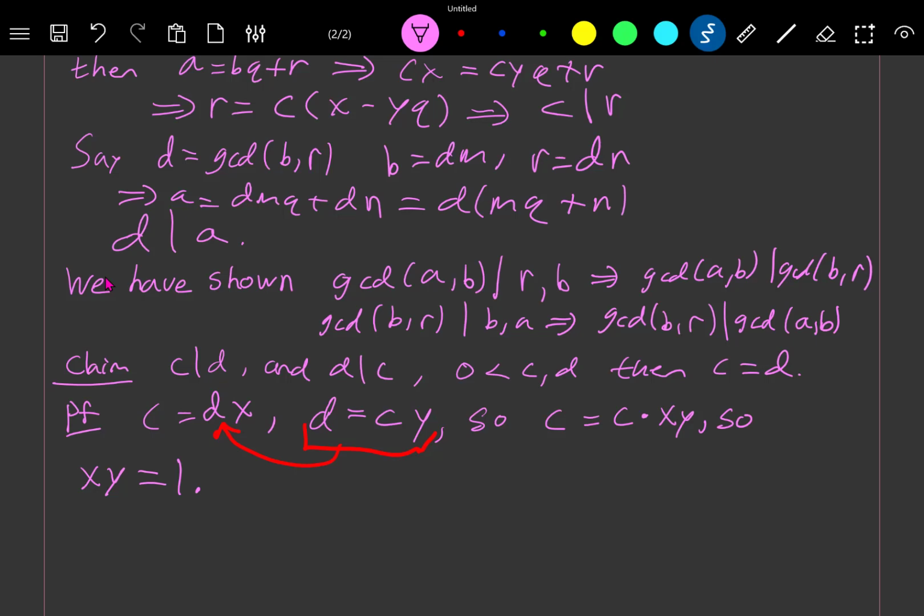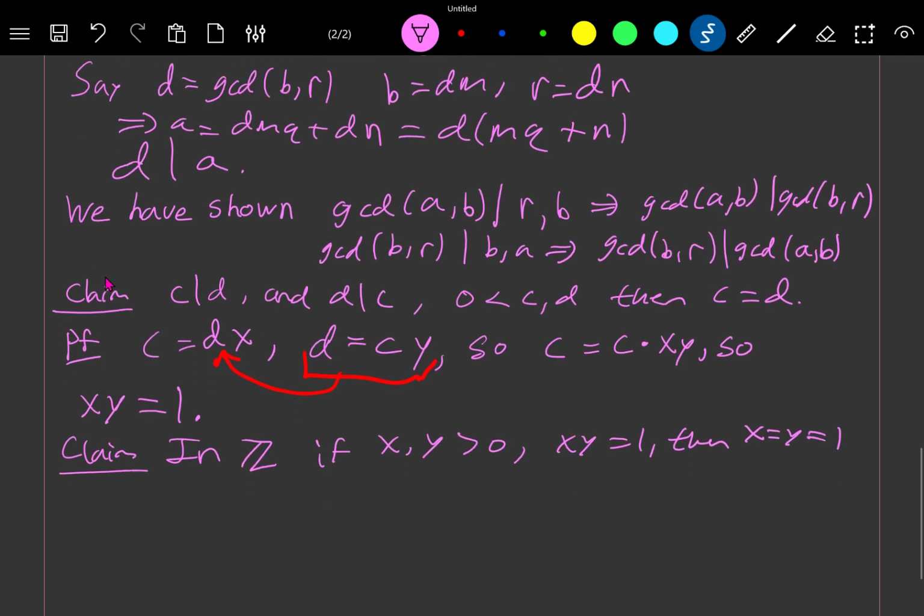And if we think about the integers, if you have two things that multiply together to give you 1, then they're either both -1 or both +1. But since we assumed everything's positive, this has to be 1. So we could claim in Z, if X and Y are greater than 0, and XY equals 1, then X equals Y equals 1.